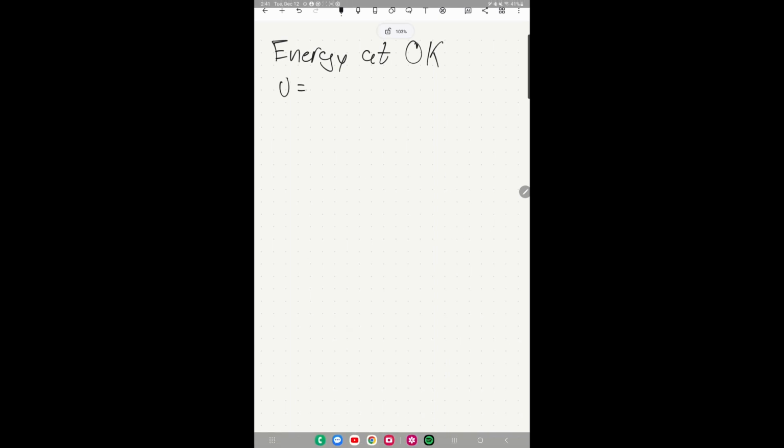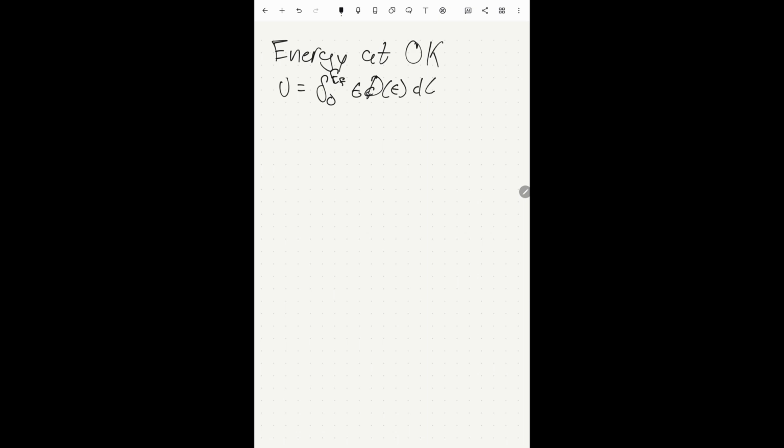So from here, we're going to find our energy at 0 Kelvin, or absolute 0. So our equation for this is the integral from 0 to our Fermi energy of epsilon times our density of states with respect to epsilon. So we're just going to plug in our density of states equation.